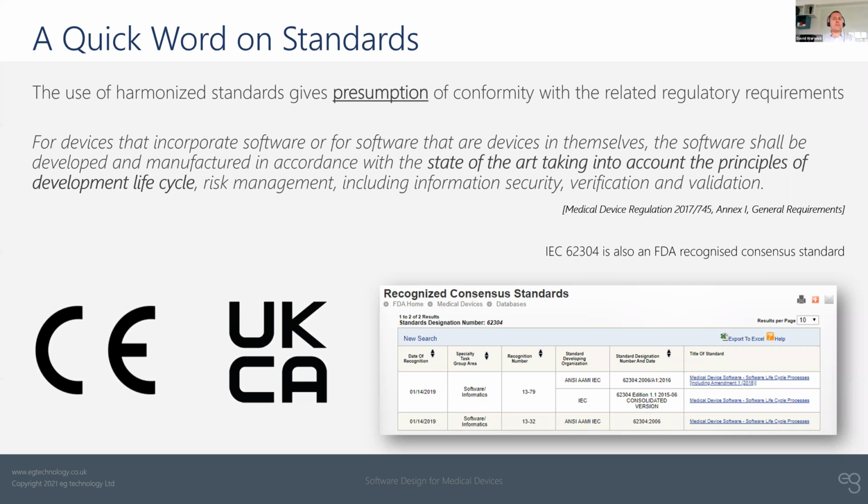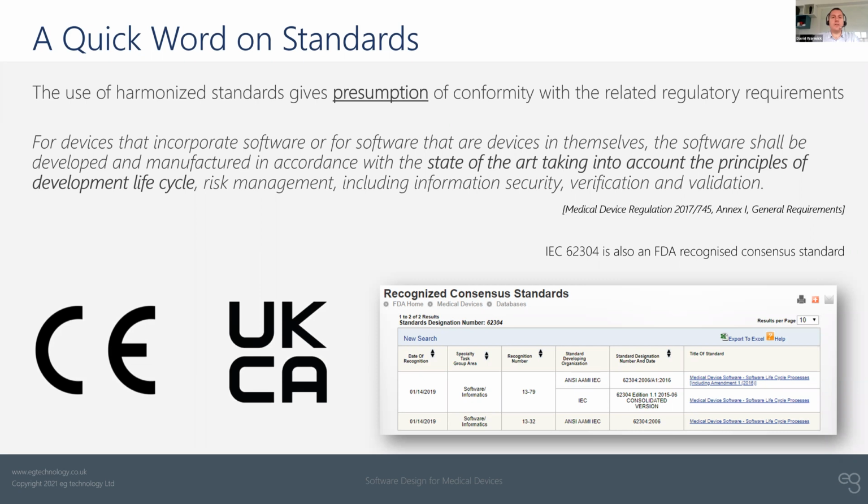But actually, the global regulatory picture is more aligned than you may think, and all geographical locations tend to align with international standards in terms of providing presumption of conformity to the rules within that region. So this is why medical device companies have 13485 quality processes, why you'll hear a lot about risk management to 14971, and why we talk about medical device software being developed to 62304.